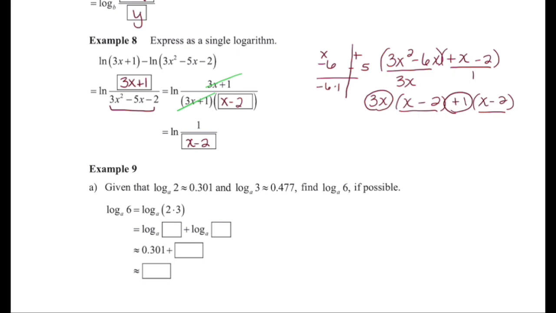Here we have, given that log base a of 2 is approximately 0.301, log base a of 3 is approximately 0.477, find log base a of 6 if possible. And I'm going to put here that we only can use log properties here.